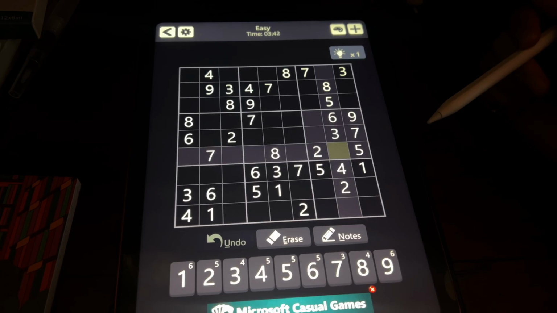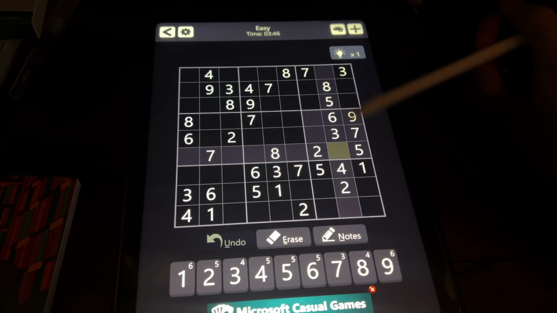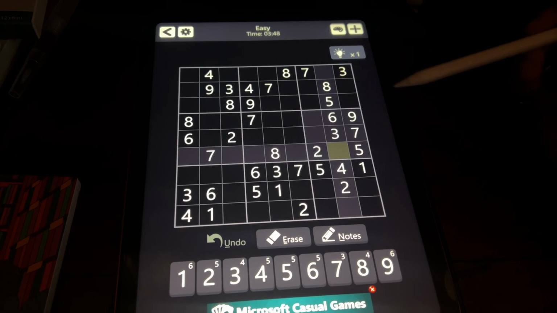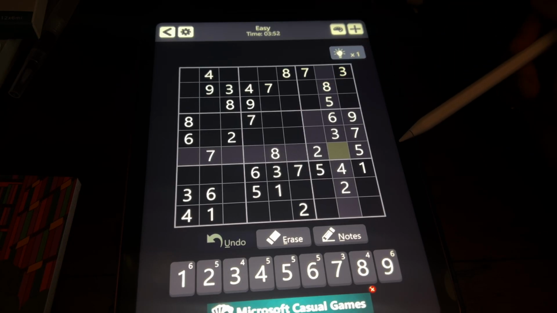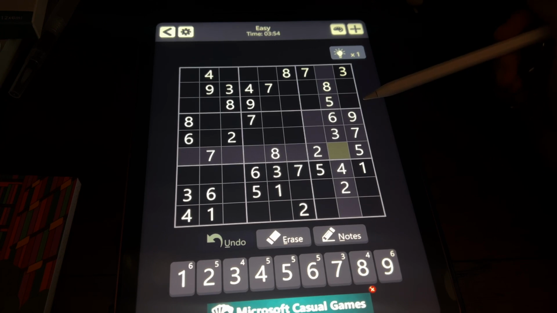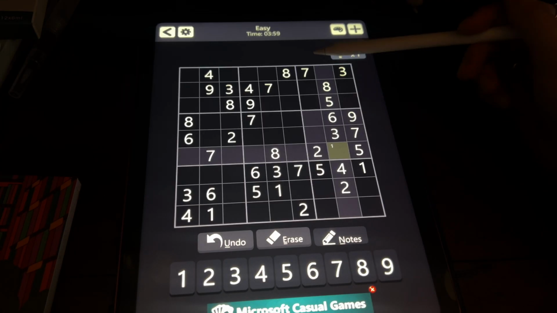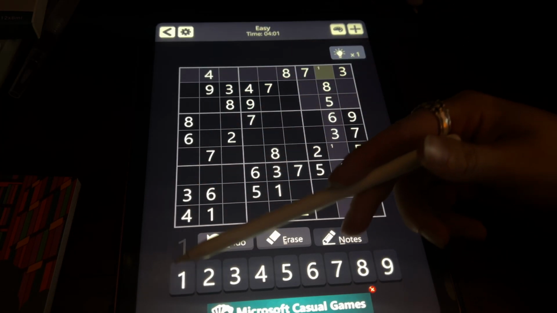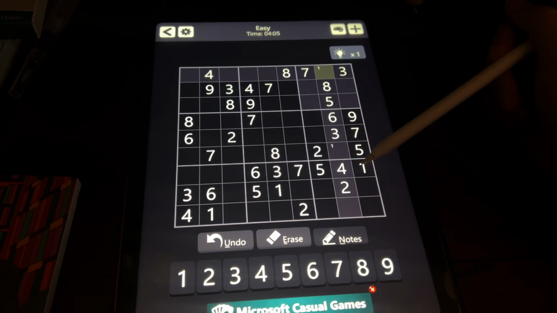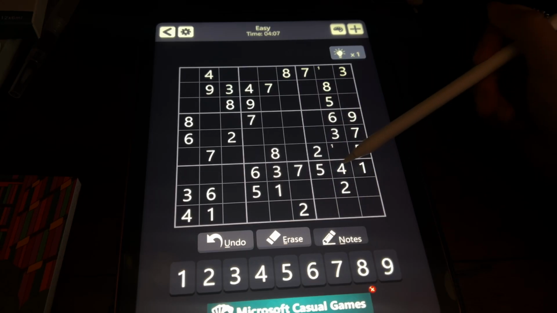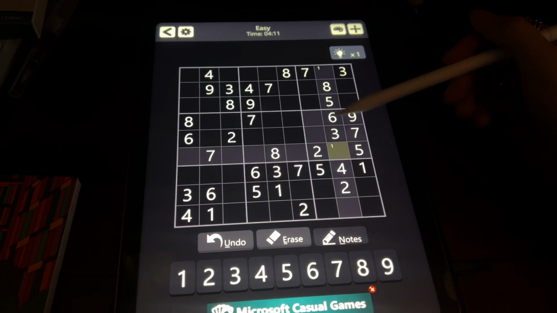I like to start with a row that I've sort of identified that has the most numbers already given to you. You can also use this note feature to put in that we know that this row needs a 1, but it can't go in this square because there's already a 1 in this square, so it has to go either here or here.